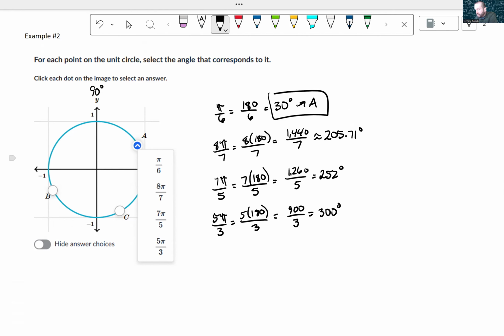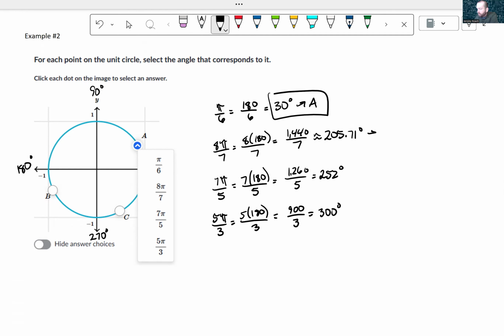For B, it is greater than 180, less than 270. So it looks like for B, it could be either one of these because both of those are greater than 180 and less than 270. So now we've got to make sense of, is it closer to 180 or closer to 270? And it looks like it's closer to 180 degrees than 270 degrees.